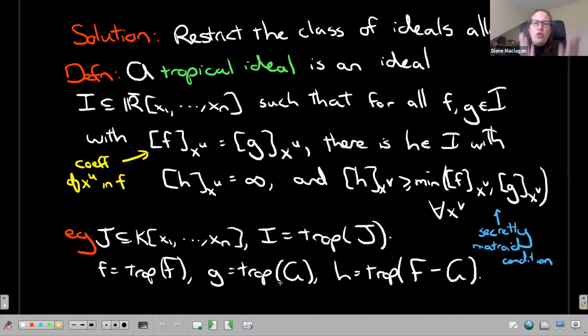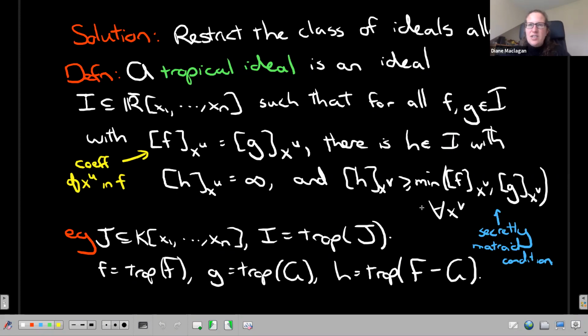If I have two usual polynomials where the coefficients of, say, x squared y are the same, and I want to get one where that coefficient is 0, a good way is just to take the difference. So in this case, h is just the tropicalization of F minus G. That will give me a polynomial where the coefficient of x to the u is now 0 in capital F minus capital G, so it's infinity in little h.